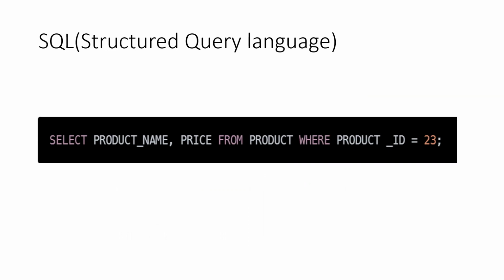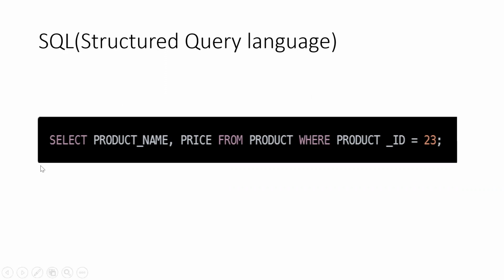It's written as SQL, which stands for Structured Query Language. We'll be learning how to manipulate the data in relational databases. It works only on relational databases, not on non-relational databases.